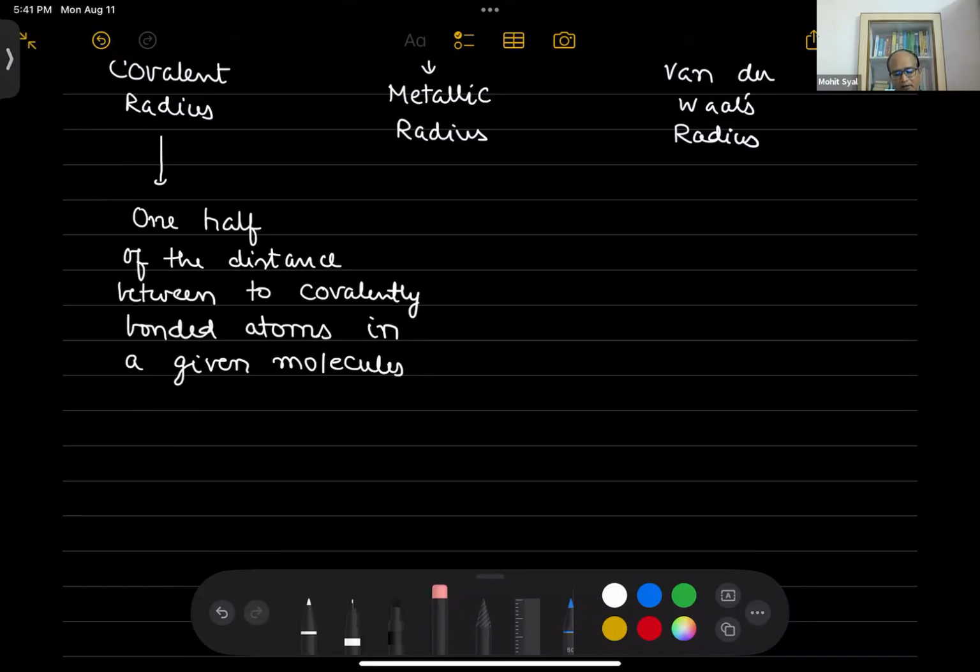So you take the H2 molecule, so it will be like this, and you try to measure the distance between the two centers.